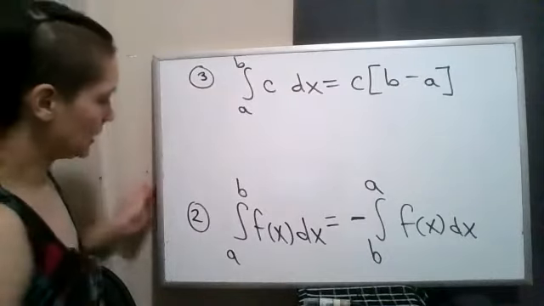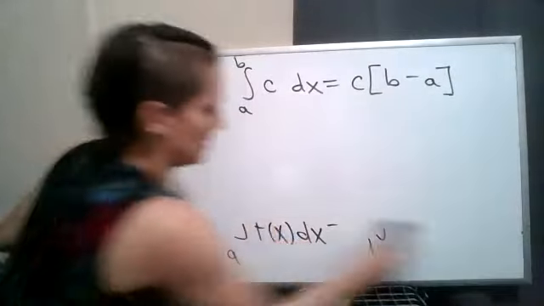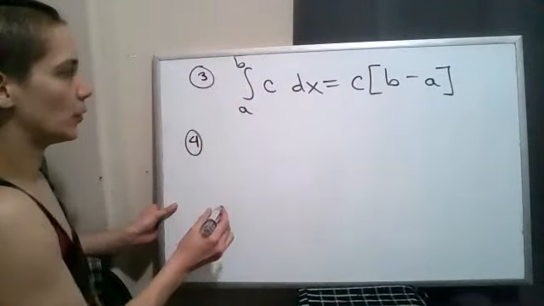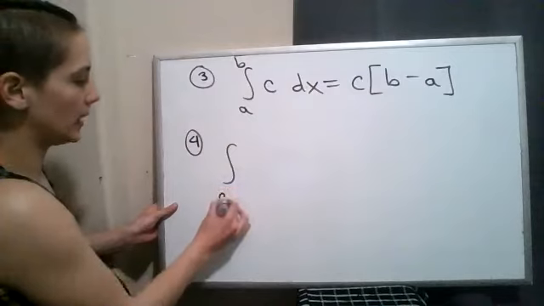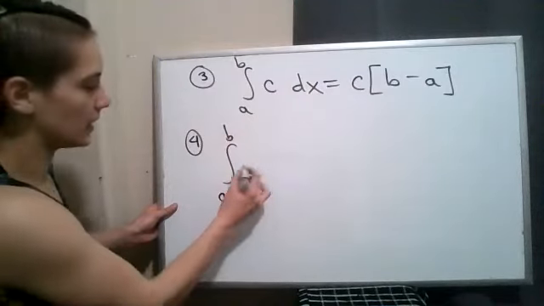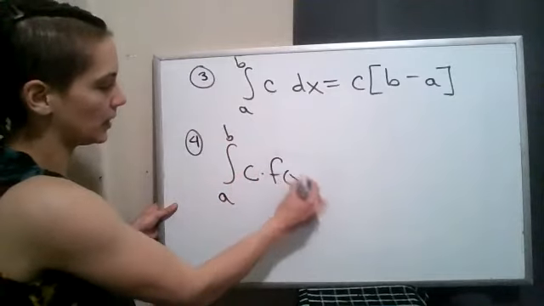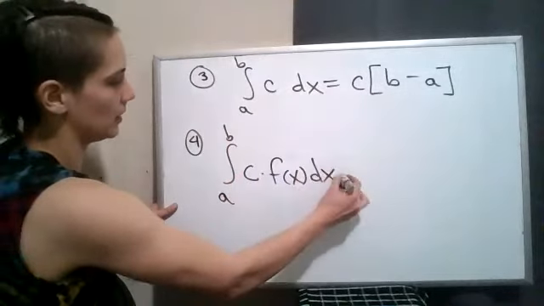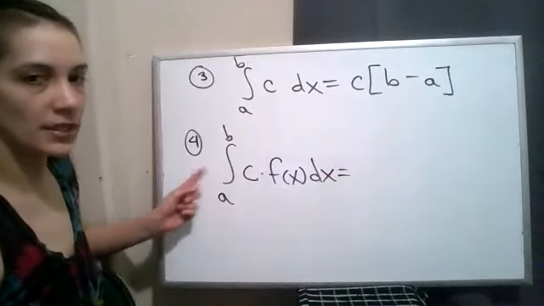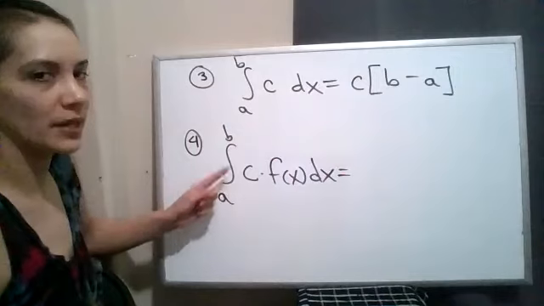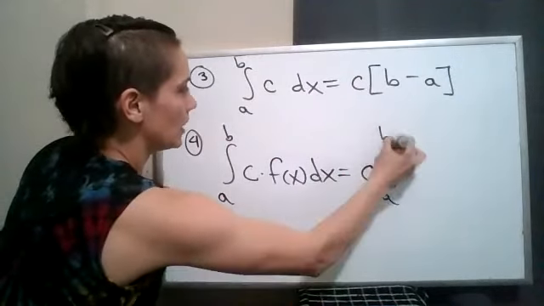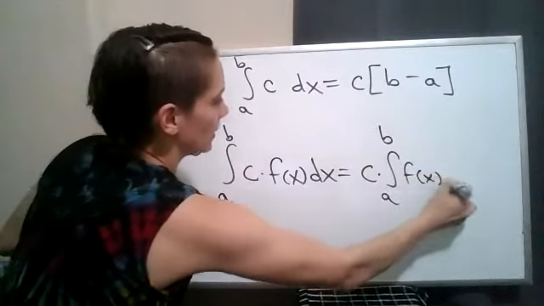Next one is going to be 4. We're going to have the integral from a to b of a constant times your function, c times f of x dx. So you can bring the constant out front and multiply it with that integral that goes from a to b of f of x dx.